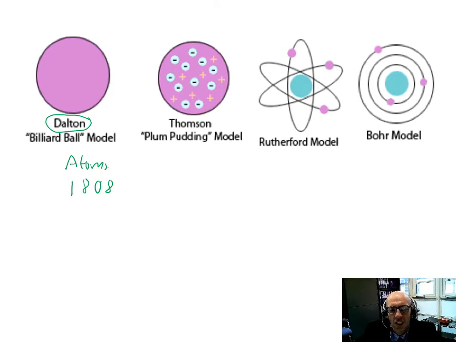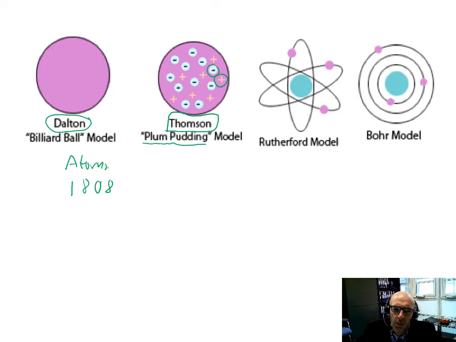And about 90 years later, another chemist called Thomson came up with the idea that there was positive charges and negative charges inside an atom. There's a positive, there's a negative, and that these made up the atom.